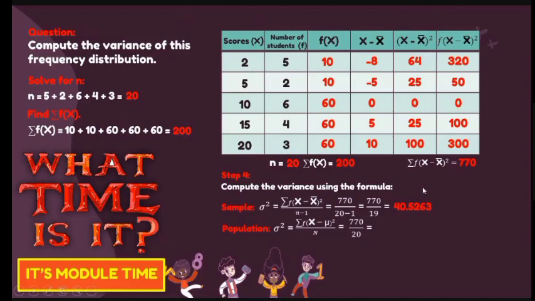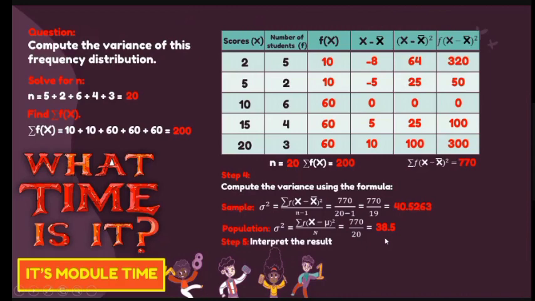So substitute the sum of the sixth column by the value of n, which is 20. So 770 divided by 20 is equal to 38.5. So our answer for step 4, this will be our variance. If sample, you will have 40.5263. If population, you will have 38.5.